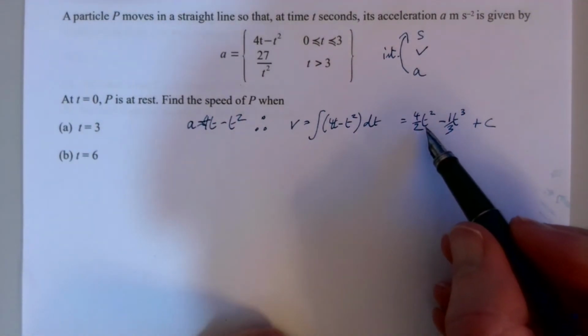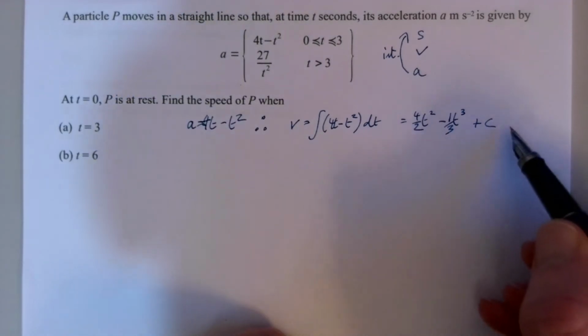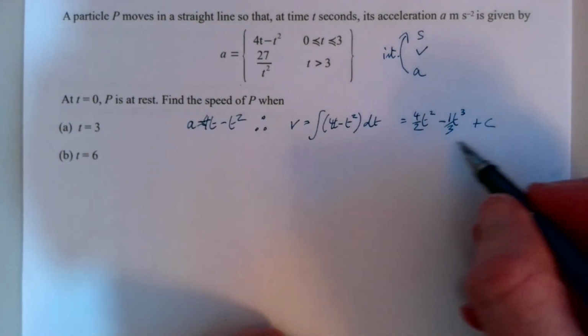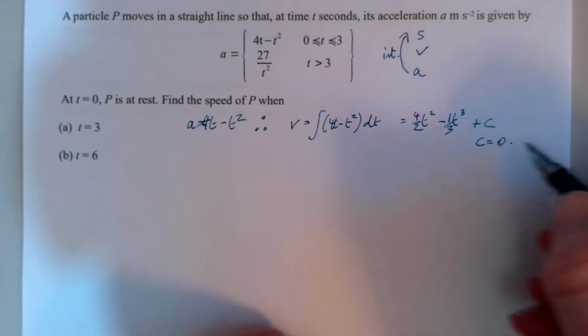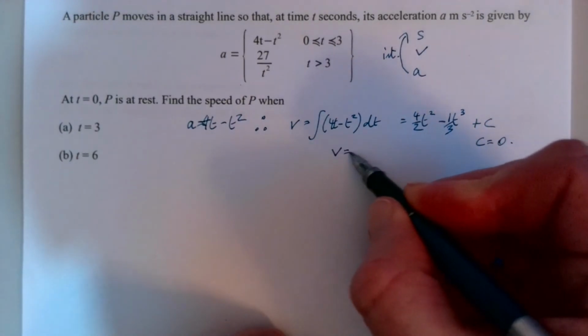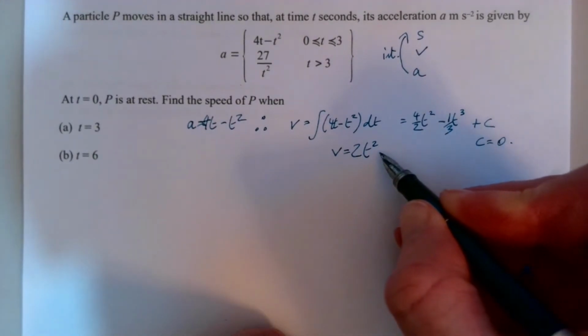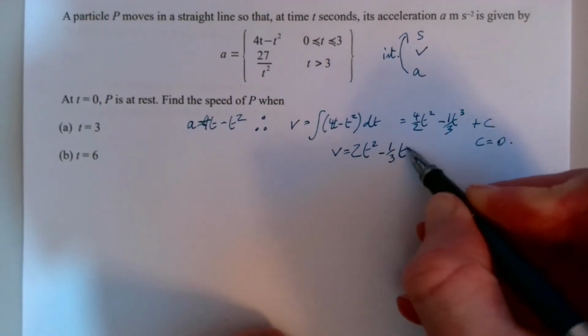So if when time is 0, all of this is going to equal 0, then c must be equal to 0. So c equals 0.